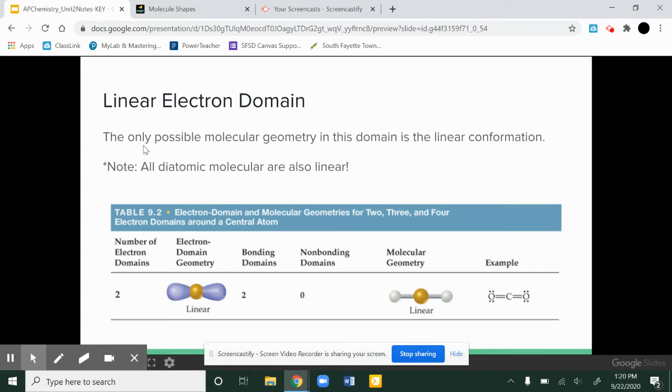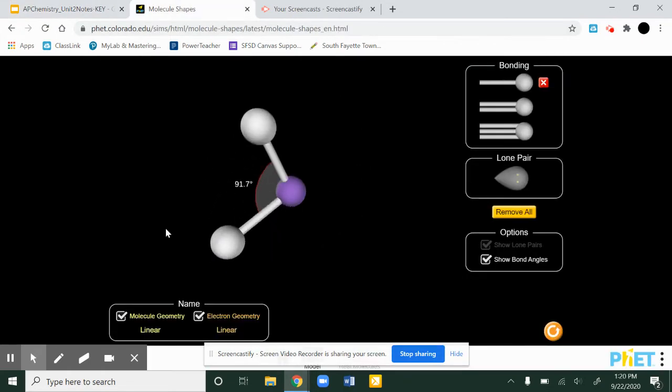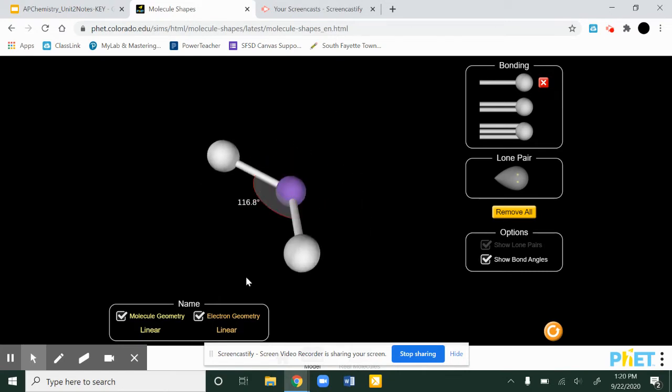The linear domain is the easiest to describe. 2 bonding domains, 0 non-bonding domains. The easiest way for those atoms that are on the sides to get away from each other is to form a linear shape.